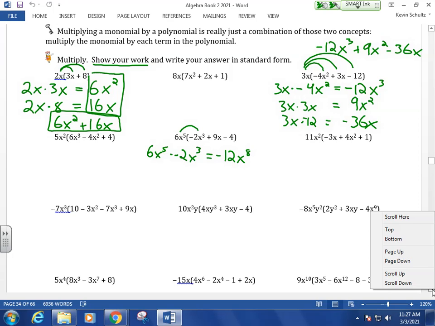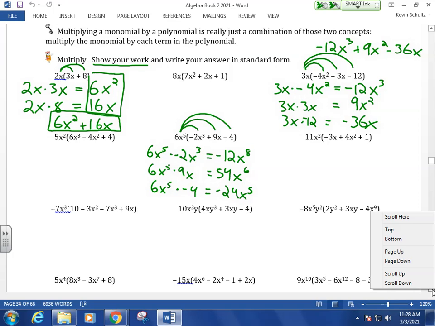Then 6x to the fifth times 9x. 6 times 9, 54. x to the fifth times x to the first is x to the sixth. Then lastly, 6x to the fifth times negative 4 equals negative 24x to the fifth.